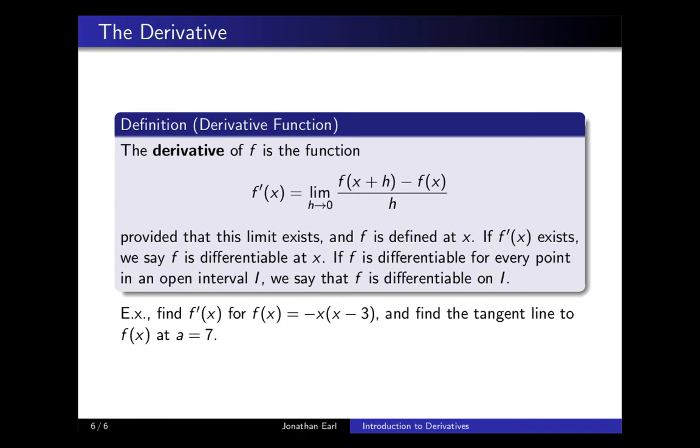So what we'll do is find the derivative function for minus x times (x minus 3), and then we can compare it to the answers that we just had, and we'll also find a tangent line to f of x at the point, I'll use a equals 7 just for notational clarity.